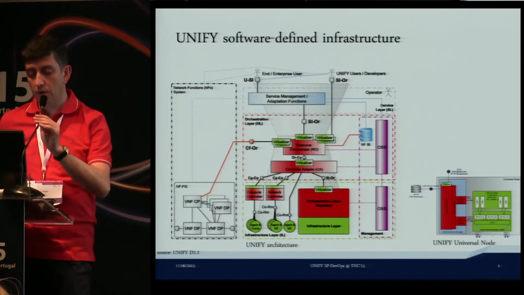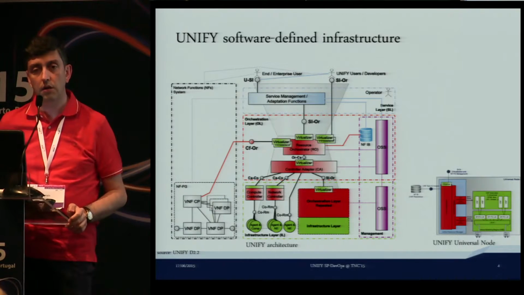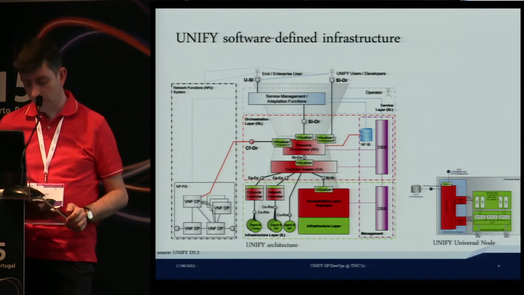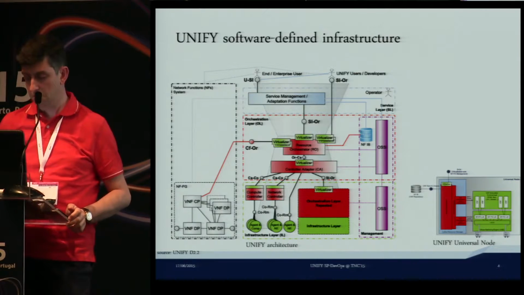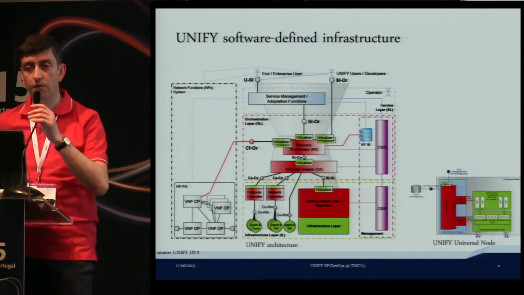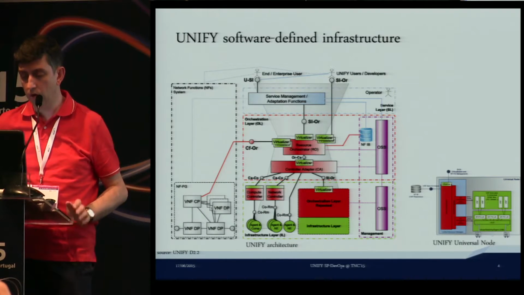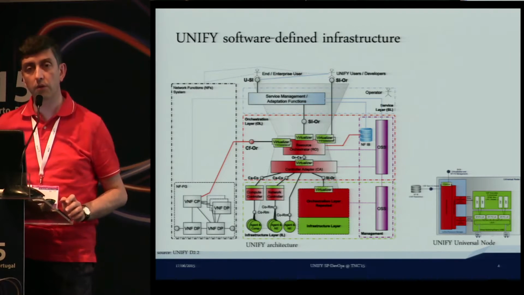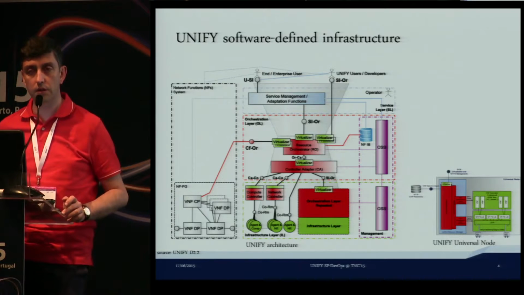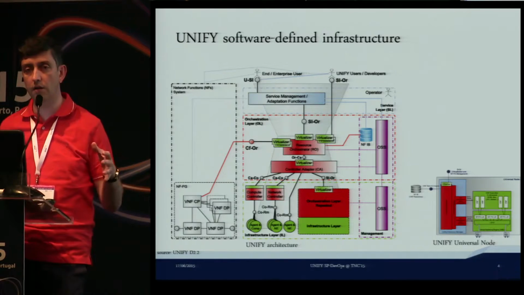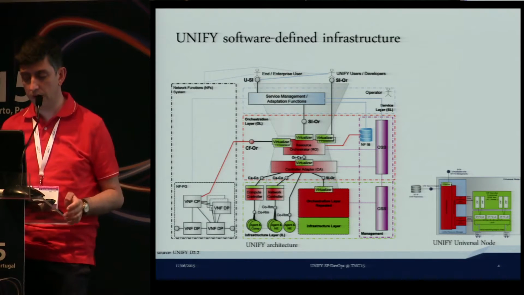So this is an overall view of the components that are being developed in the Unify project. I will start from the lower level of the infrastructure, on the lower left corner, with what we call a universal node. The universal node is a set of programmable resources that include compute, network and storage resources. You can consider a universal node like a fairly big server that has a lot of CPUs, a lot of storage, a lot of network capacity.